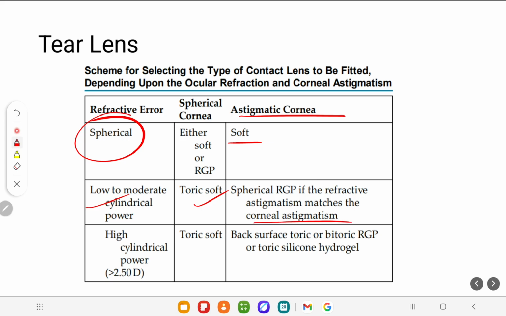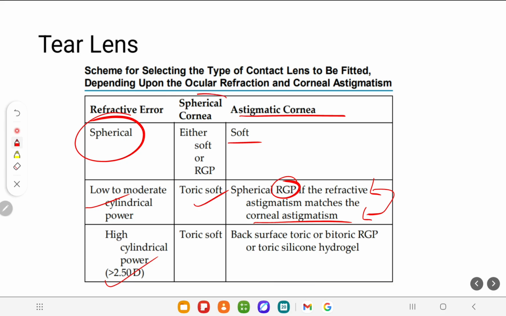What do you mean by that? If corneal astigmatism and refractive astigmatism match, then RGP can be used, because if the two are not matching, it means there is internal astigmatism, and internal astigmatism we cannot correct with a spherical RGP. So for higher cylindrical power, greater than 2.5 diopters, yes, toric soft contact lens.